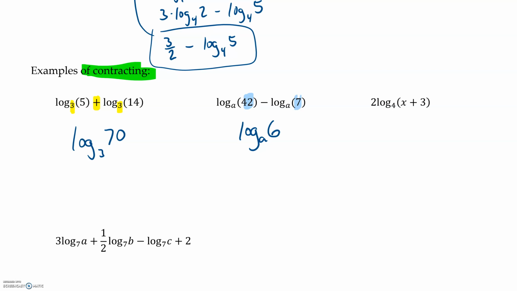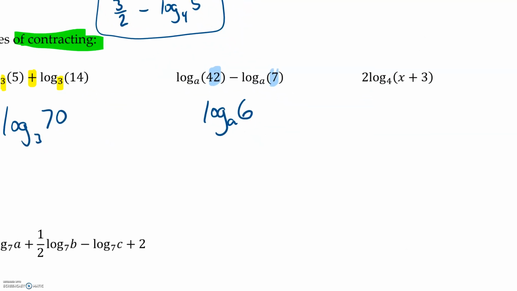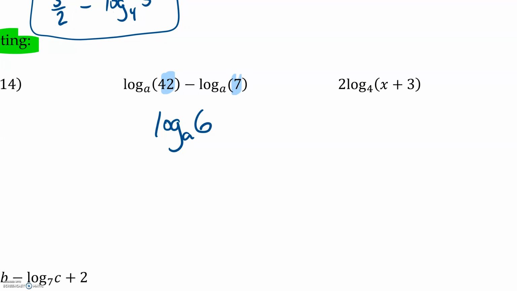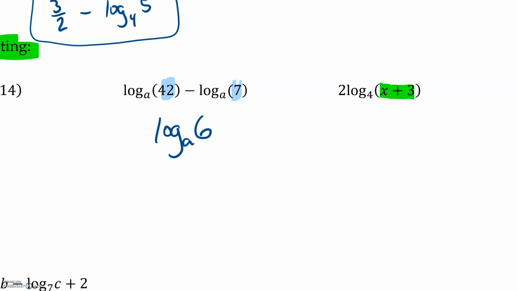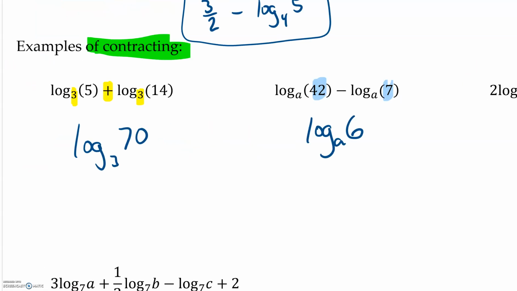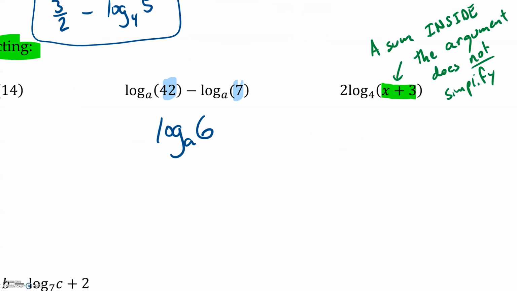They're both base A. The last expression, I want to slow down a little bit and look at this carefully. Notice, what do we have in the argument? It's a sum, not a product. So one thing I wanted to point out with this example is that we cannot simplify the sum inside the argument of a logarithm. So again, this is something to build your intuition about.